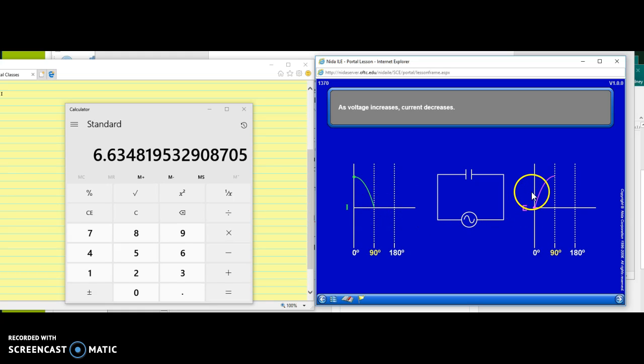So as the voltage rises, current falls. Kind of the opposite, in fact, the exact opposite of a resistive circuit. And as voltage decreases, the capacitor discharges and current flow increases in the opposite direction. Capacitor is kind of a delay as far as current flow here.